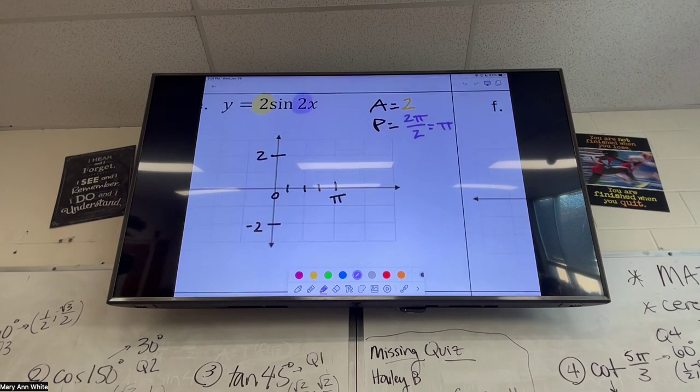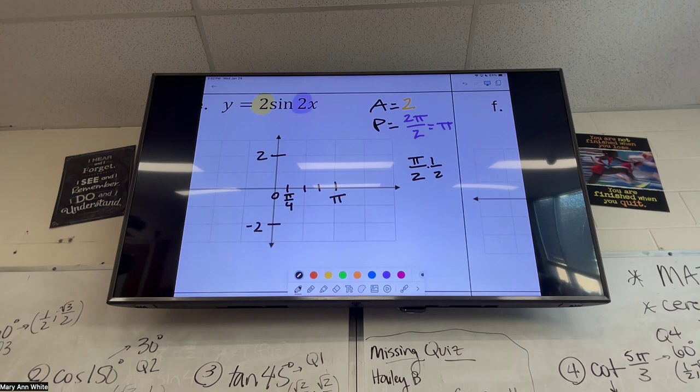Okay, so my first point, 0. 0 divided by 2 is just 0. My next one is pi over 2 divided by 2. Well, pi over 2 divided by 2 is the same thing as pi over 2 times 1/2. What's that going to be? Pi over 4. Good. Which makes sense because I'm doing half of a half.